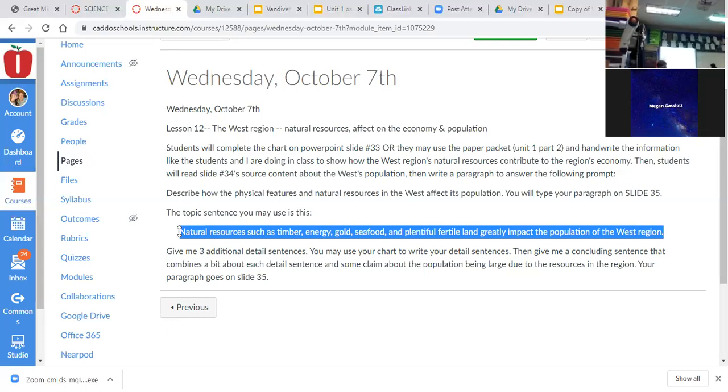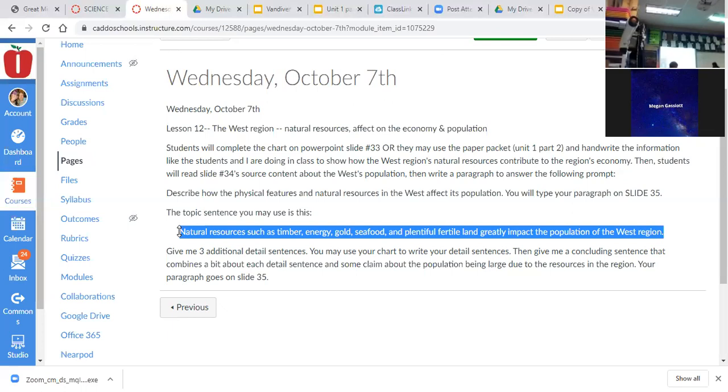As soon as you copy that topic sentence, go back to your seat. That way other people, if they need to come in and move, copy it, they have space. Natural resources such as timber, energy, gold, seafood, and plentiful fertile land. Plentiful just means a lot of.